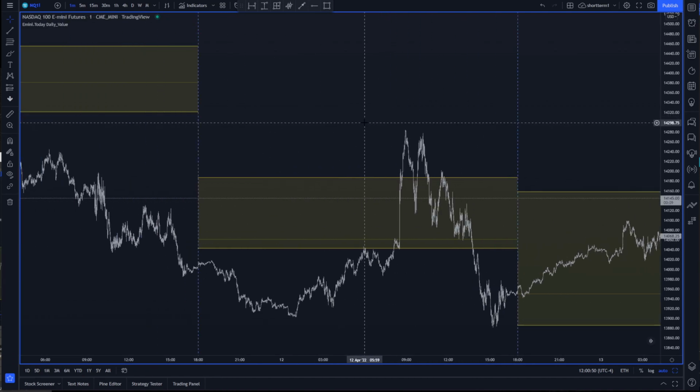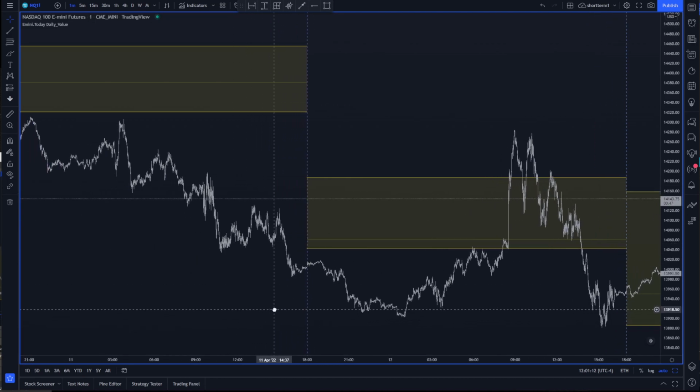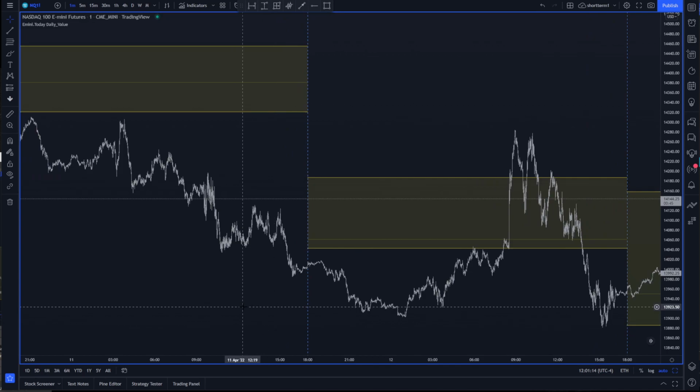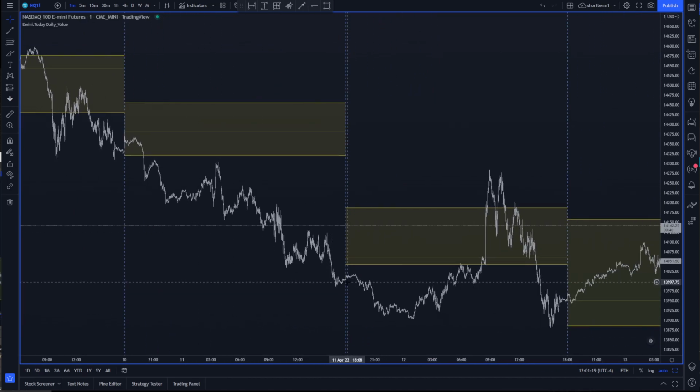So if we look at yesterday, the close was outside, below the value area, because at 18:00 we can see that price is quite a distance from the value area. The second thing that I want to know is if the previous day was an up day or a down day.